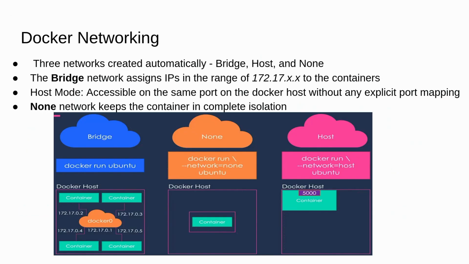So by default, there are 3 types of network that get created automatically when you install Docker on your machine, right? When you start Docker on your machine. So there are 3 kinds of networks. First is the bridge network. That is, you have a software bridge or software switch running on your machine, which helps connect these containers together.